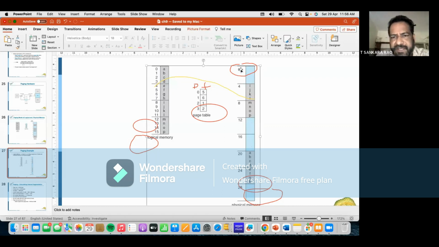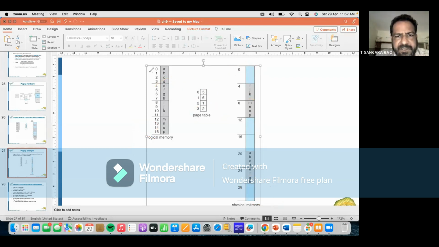So the 0th page, zeroth address A, is available in the fifth frame. 1, the B. So this is the second page.